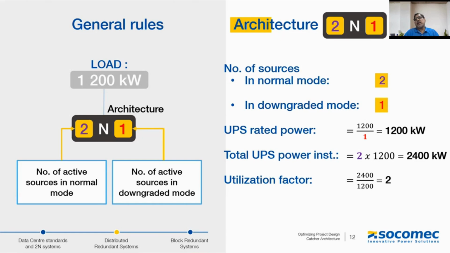So the rating of the UPS in the 2N structure is decided in what they call the downgraded mode, that is, with one system down, the remaining system has to support the power. The obvious equation becomes 1200 divided by 1, that is 1200 kilowatt. So we need two systems of 1200 kilowatt in 2N architecture for supporting uninterrupted power for the particular loads.